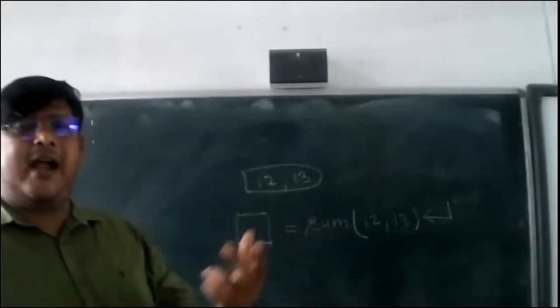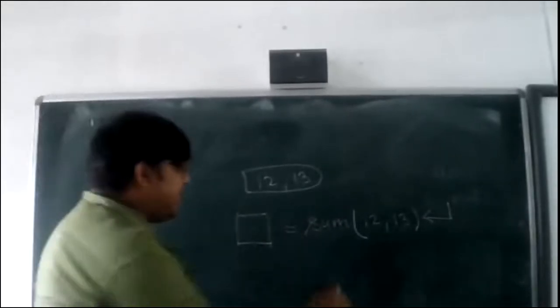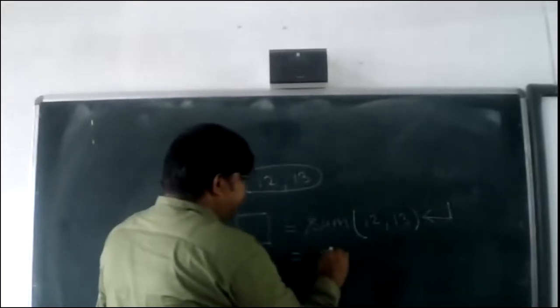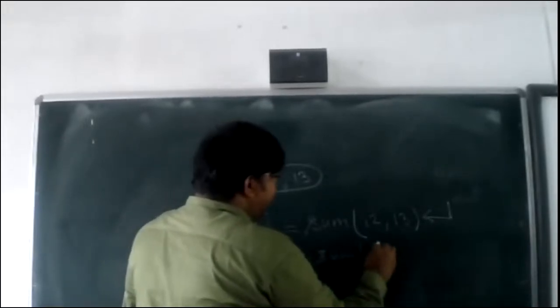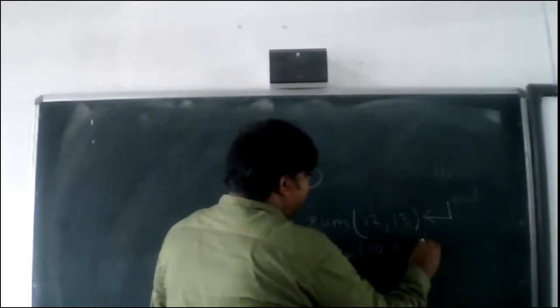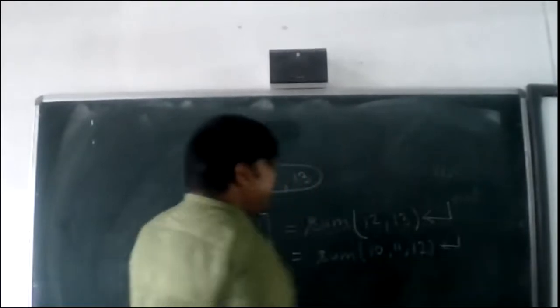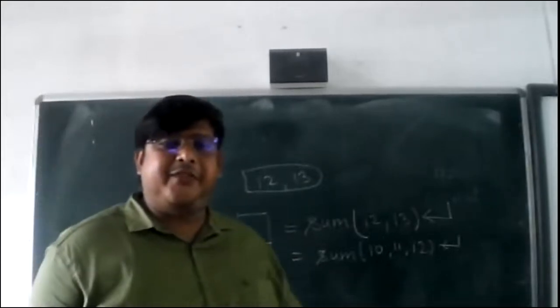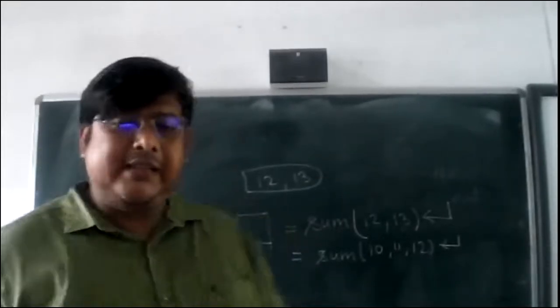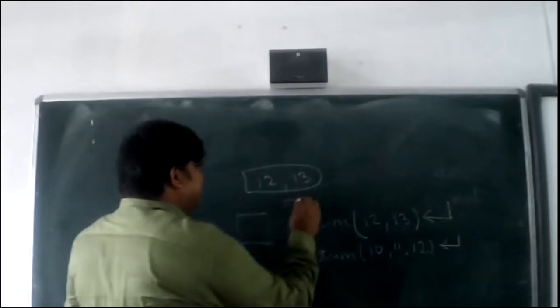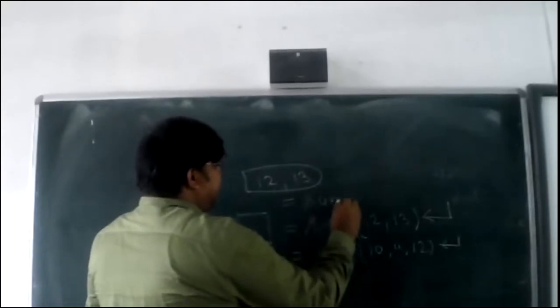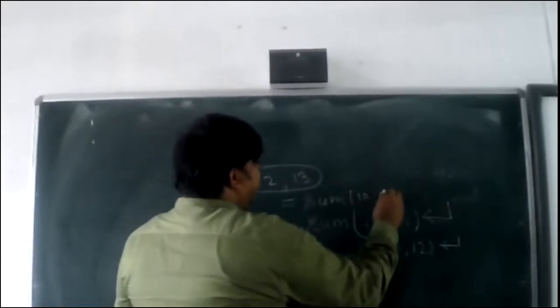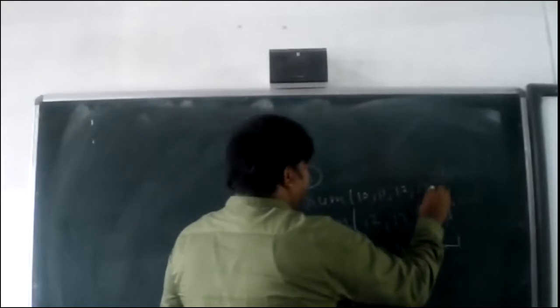If you have to add three values, then you will write equal to sum 10, 11, 12. Then it will add the three values. In the same way, if we have four values, then we will write equal to sum 10, 11, 12, 14.